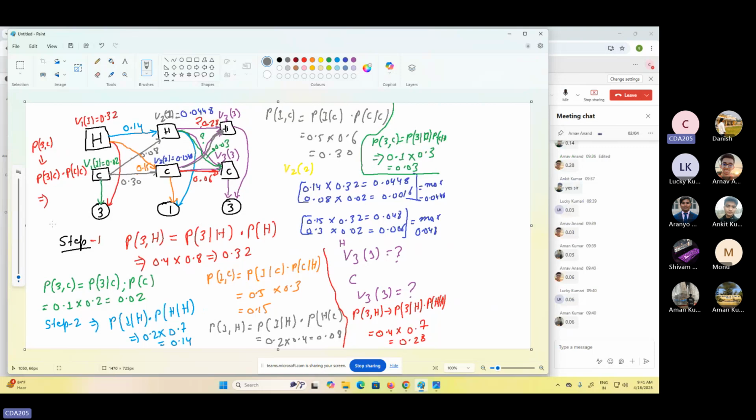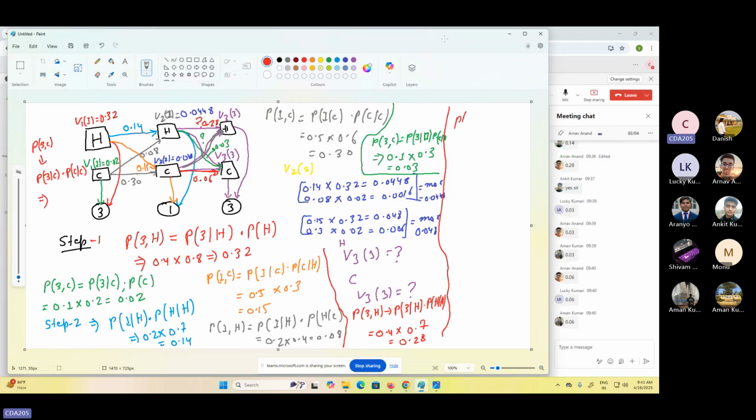Now from C to H, I'll draw a line here. So while going C to H, we have to calculate what? H to 3.